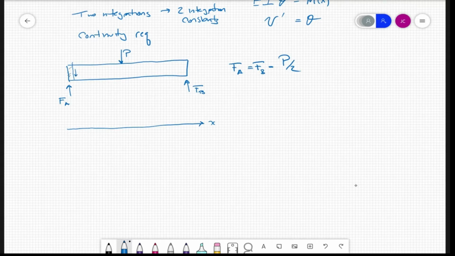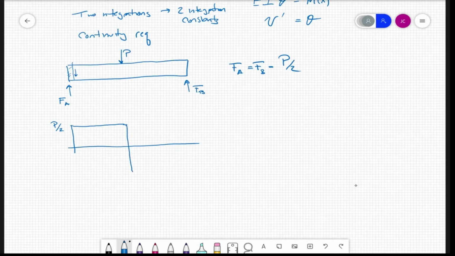So that is a positive shear force of P on 2. So we start off at P on 2. Then at the point load P, it drops down by a value of P, taking it to negative P on 2, and then back up here at point B. This is positive, this is a negative shear, and this is obviously minus P on 2.